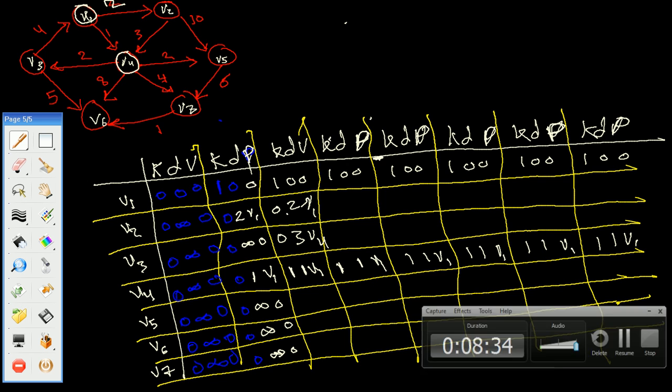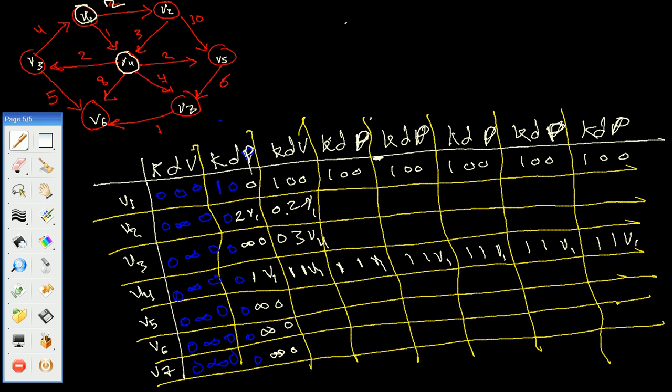In the same sense, since we want to move from V1 to V5, we need to follow V1 to V4 to V5. So 1 plus 2, and this is also 0, 3, V4.